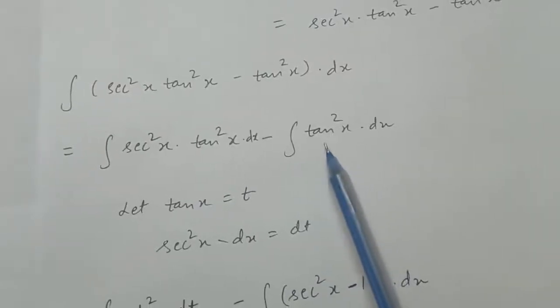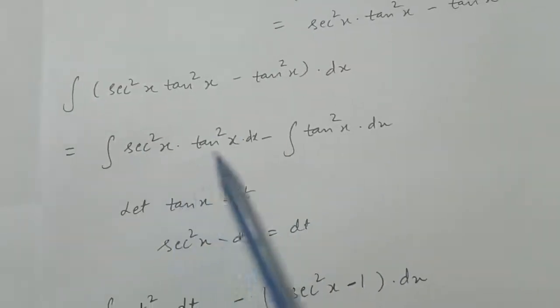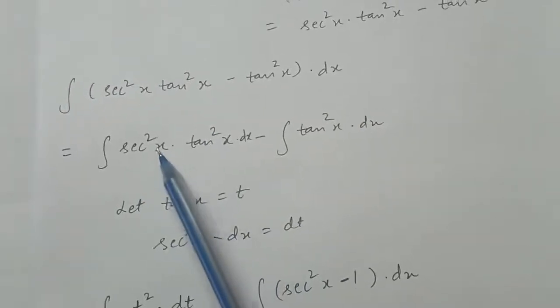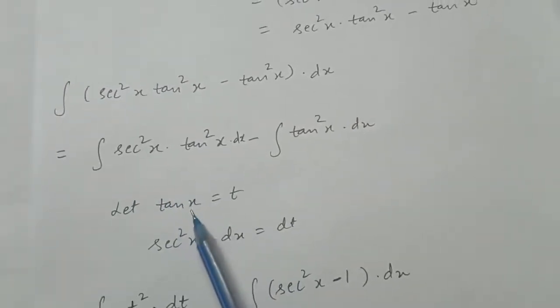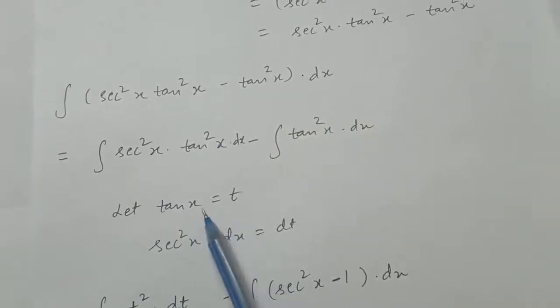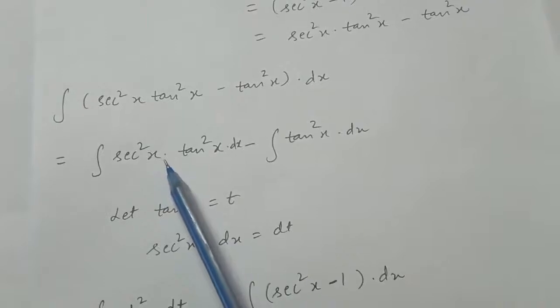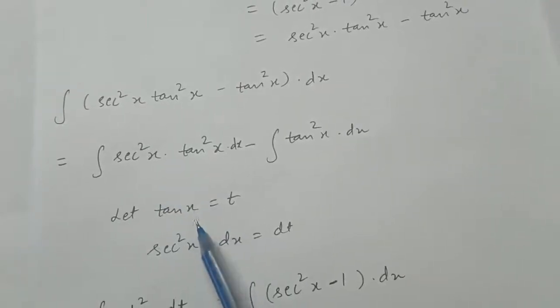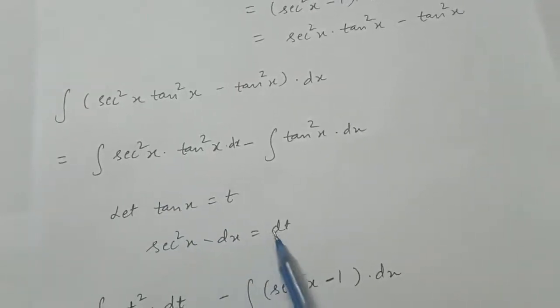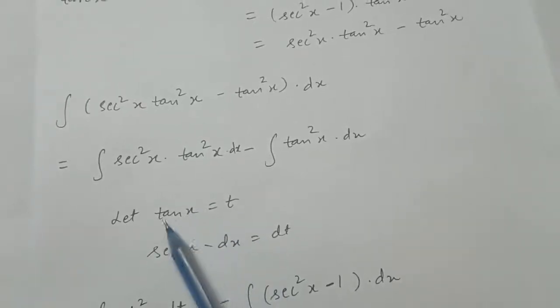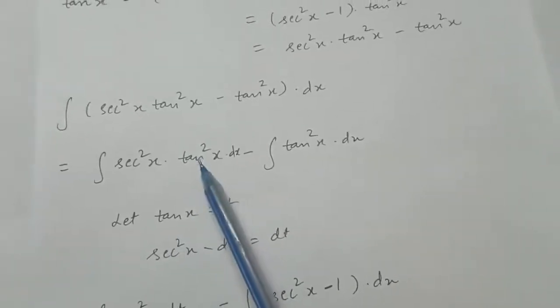Now see, to solve this integral, it includes tan x and also it includes secant square x. And we know if we take tan x as t, then the derivative of tan x is secant square x, which is present in the integrand. Therefore secant square x dx is equal to dt after differentiating both the sides, and therefore we will take tan x as t for this integral.